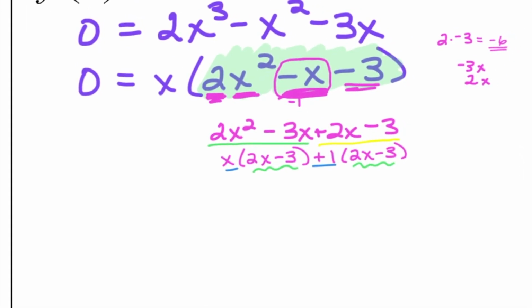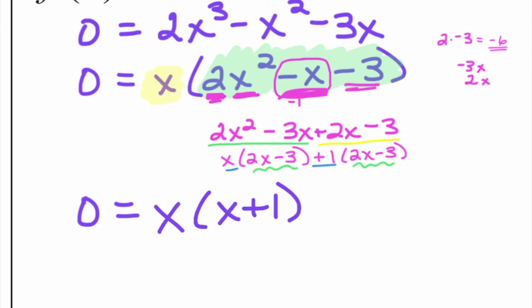So kind of zooming back out again, I have to bring down the x that I factored out at the very beginning. So 0 equals x times x plus 1, those are the GCFs that I underlined in blue, times 2x minus 3.